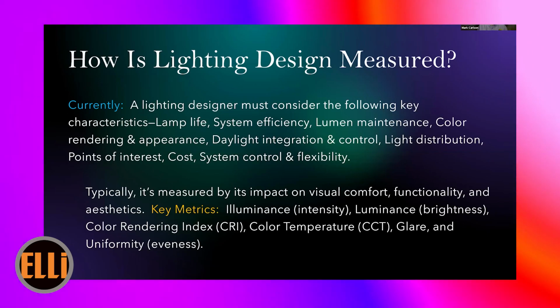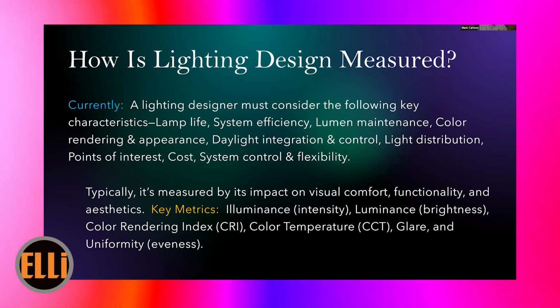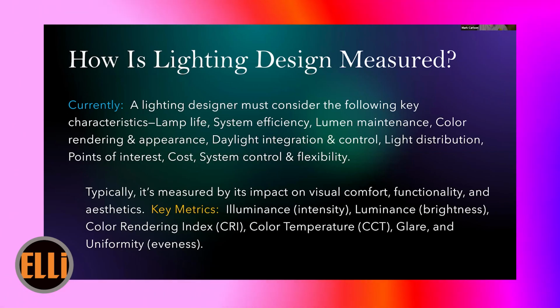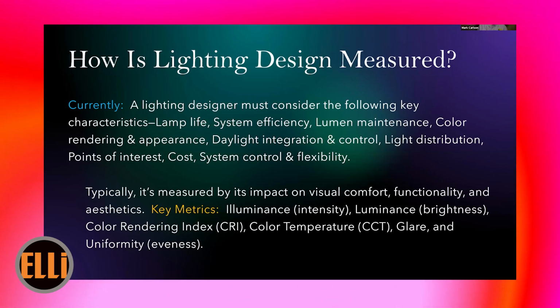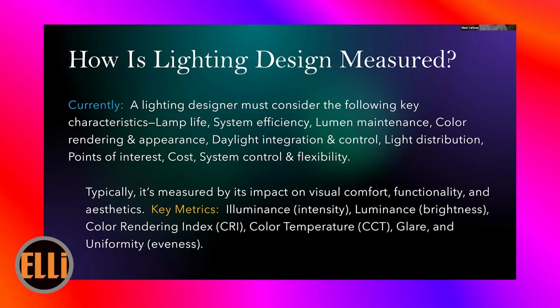Color rendering index, we talked about that just a minute ago. CRI is the quality of color that you're actually seeing. Color temperature, we've heard of that. CCT deals with the spectrum of color, particularly with white, as we're dealing with in most of our cases. It could be a warm white, it could be a cool white. So there's quite a range in there, 2200 Kelvin on up, all the way to 6000 Kelvin and more.